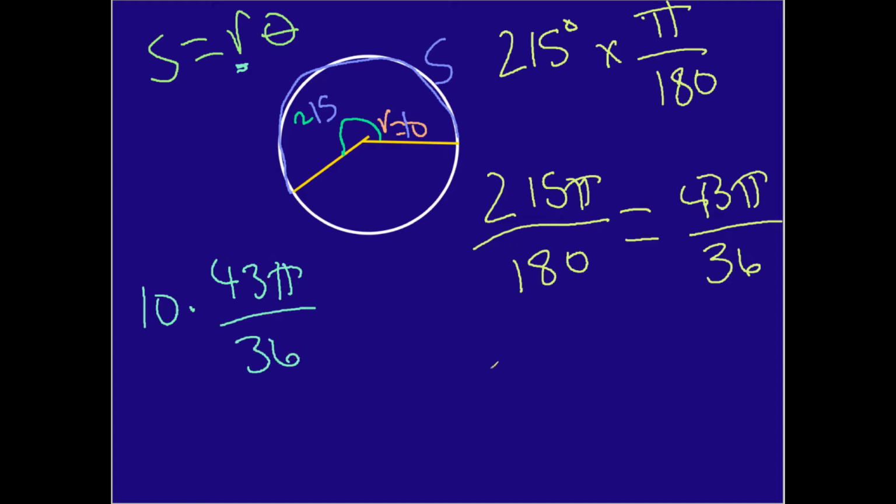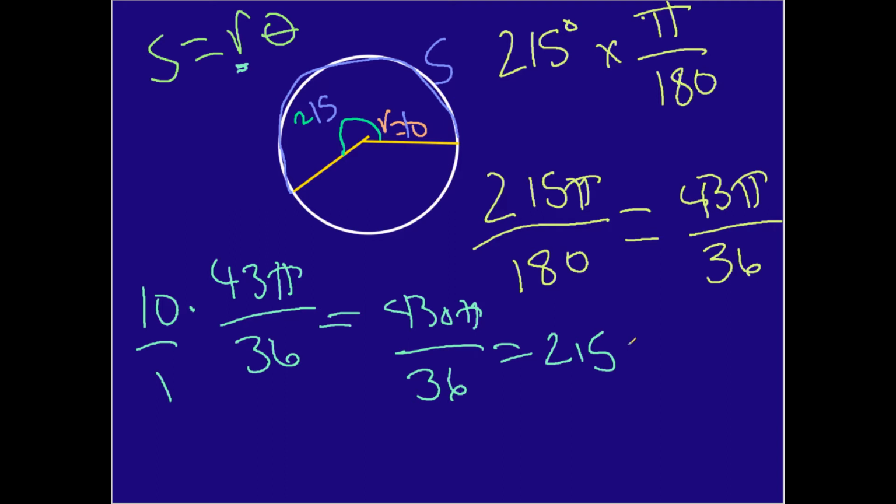You just multiply straight across. It's like 10 over 1, and you get 430 pi over 36. When you simplify this as much as possible, you get 215 pi over 18. That's it. We essentially cut this in half by dividing by 2, and that's about as far as it goes.